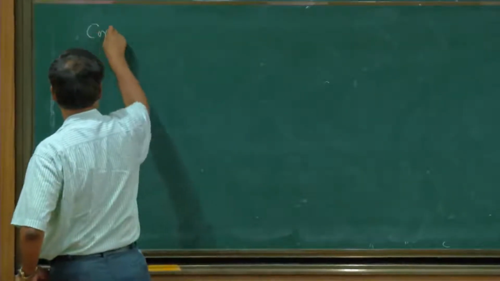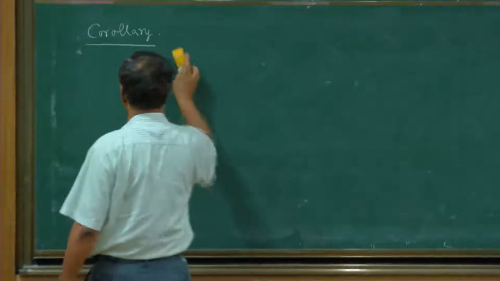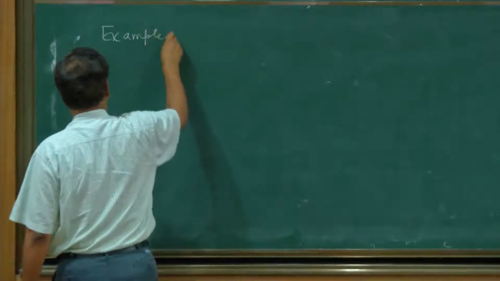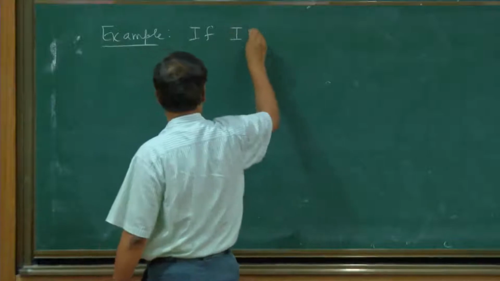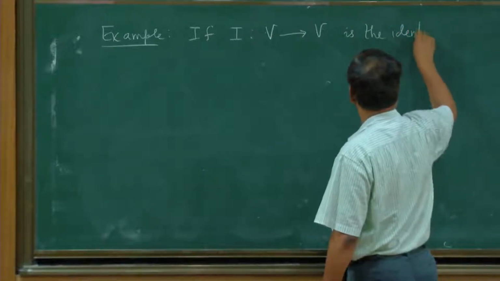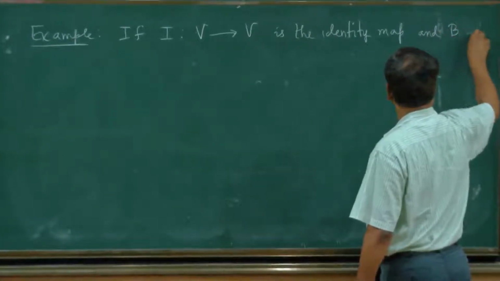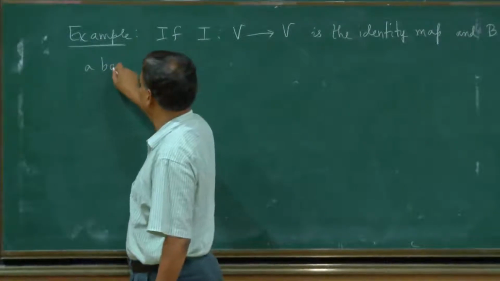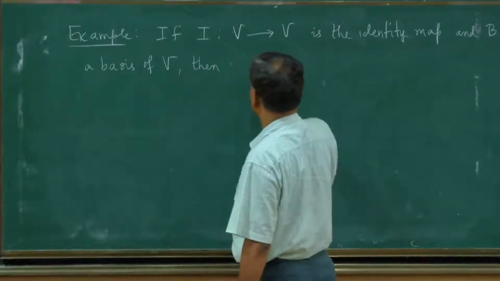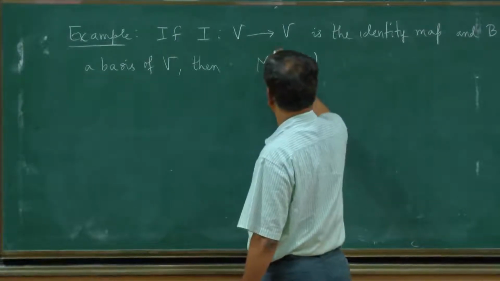One corollary of this relation, or maybe I give you a very simple example: if I from V to V is the identity map and B is a basis of V, then what is the matrix of I when I take the same basis in the domain and the codomain?